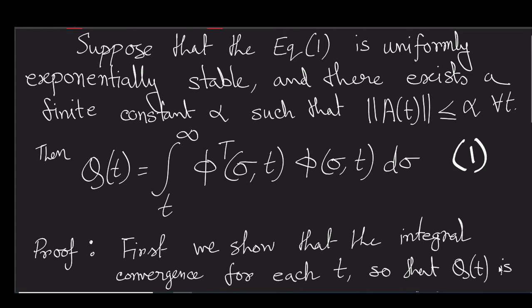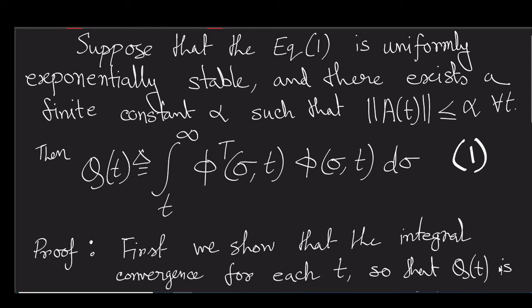Once you calculate A t, find that it is bounded by this alpha, then you are able to construct Q t. This is the definition you are using for Q t, and it is going to satisfy all the requirements of our theorem of exponentially stable systems.